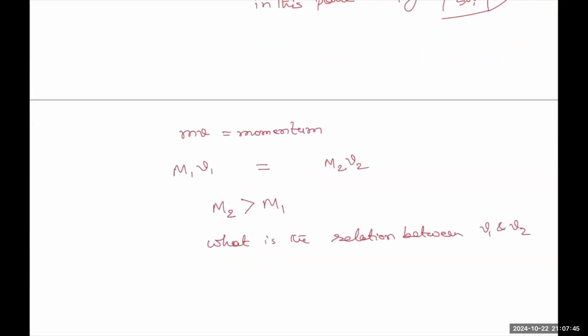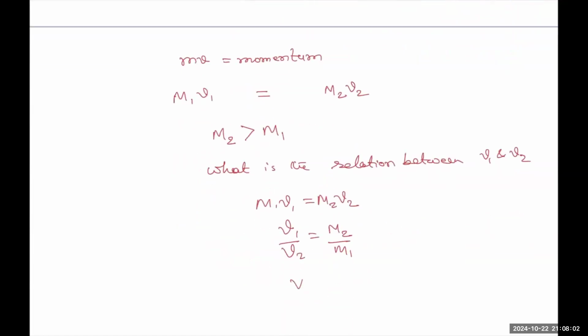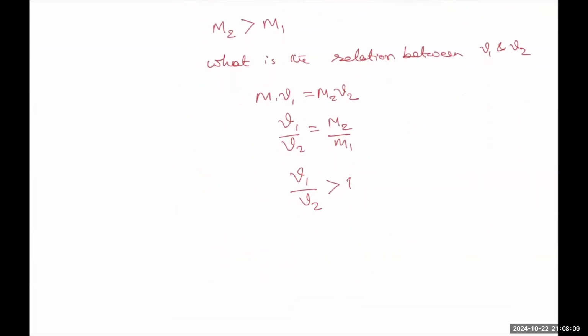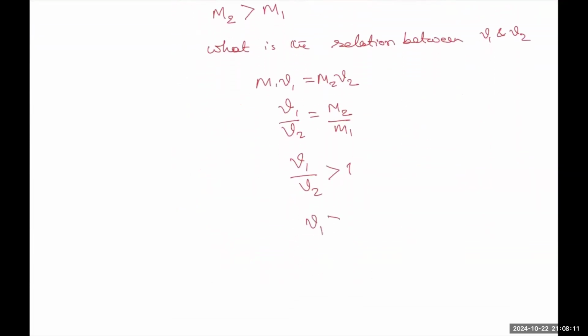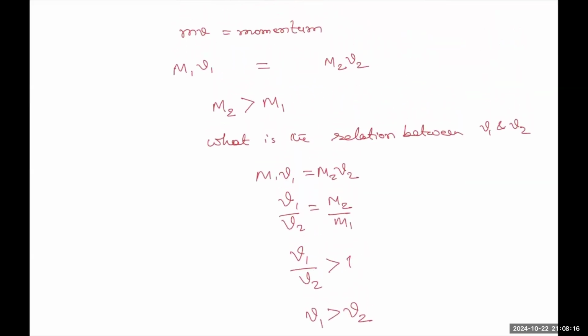If M1 V1 equals M2 V2, then V1 over V2 equals M2 over M1. So that means V1 over V2 is greater than 1, so V1 is greater than V2. V1 is the velocity of the smaller mass.